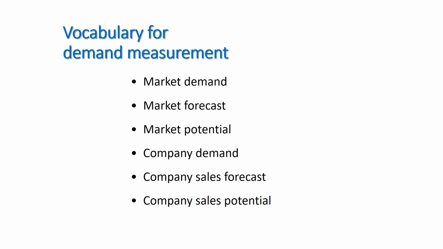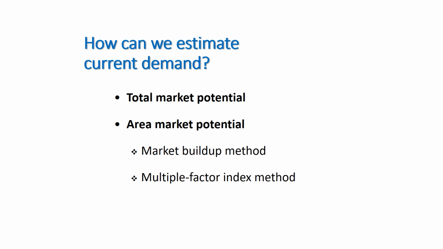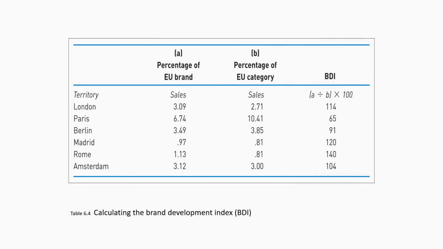Again, very important to understand these. How can we estimate the current demand? By the total market potential and the area market potential, the market build-up method and the multiple factor index method, which we're going to look at.